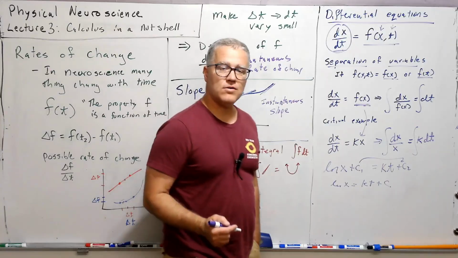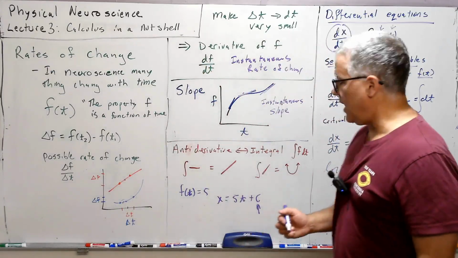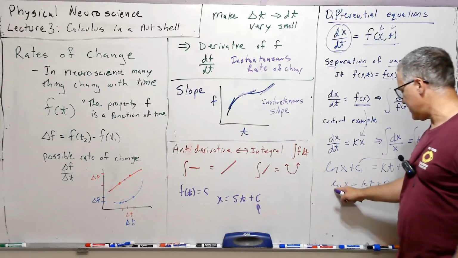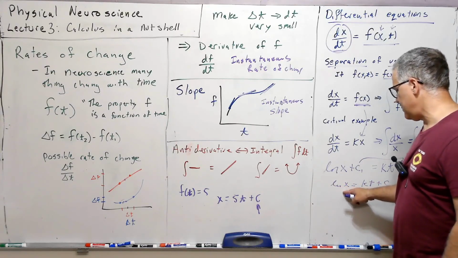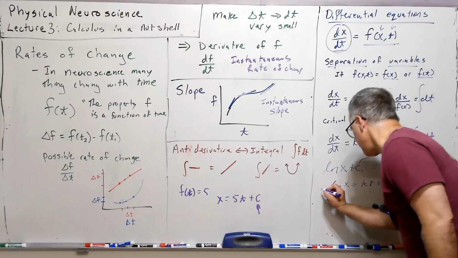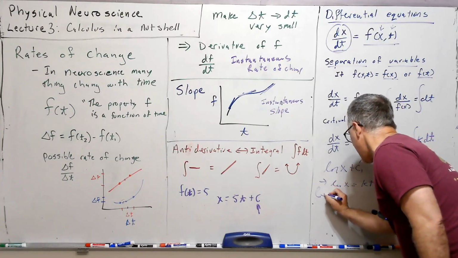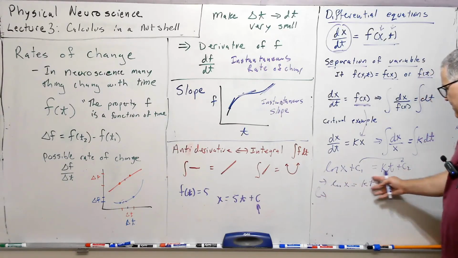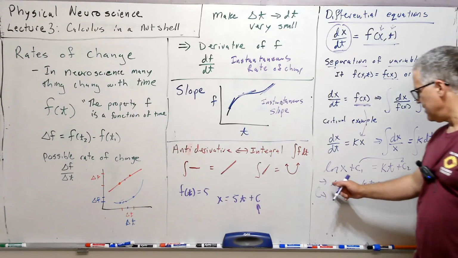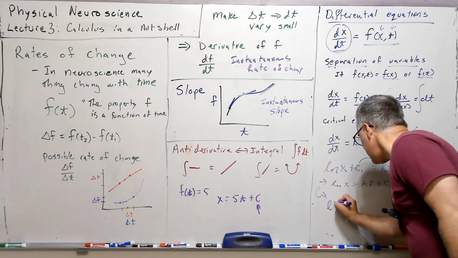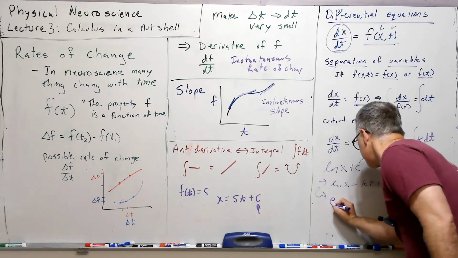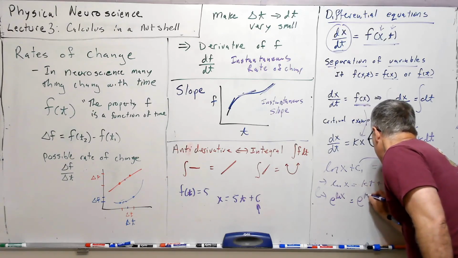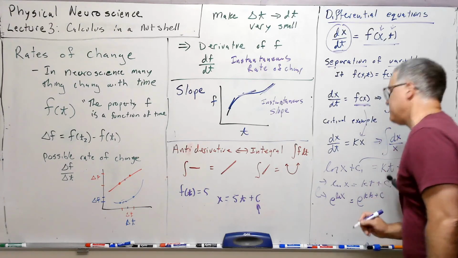Okay, now what we need to do is unlog this side. So we go back to high school and working with logs. To get this undone, we have to take the exponent of both sides of this equation. I'm indicating that here with this e coming through. So that's going to be e to the log x equals e to the kt plus c.